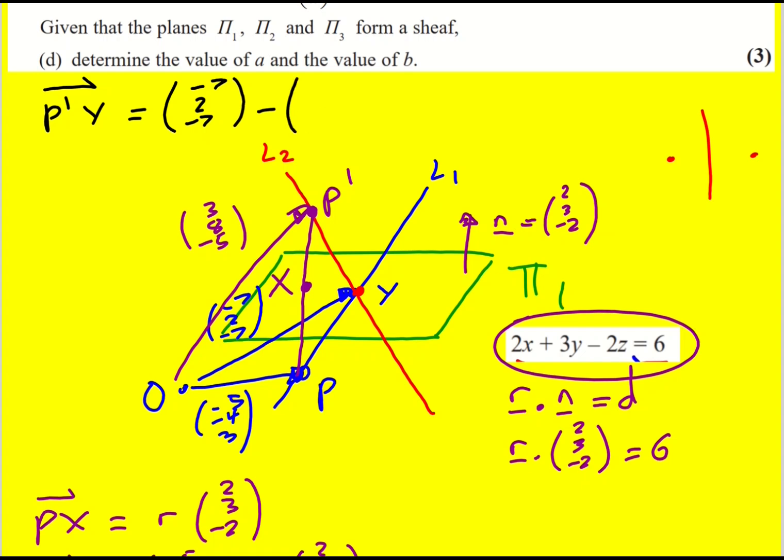So I'm going to be minusing that 3, 8, minus 5. So this equals minus 10, minus 6, minus 2.